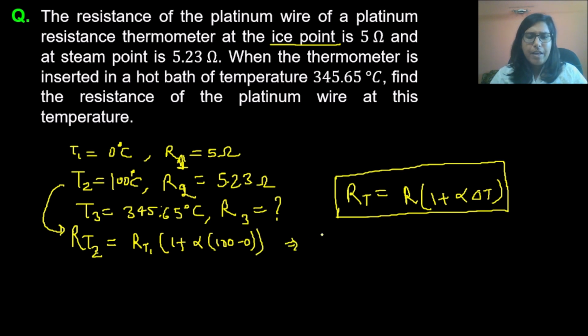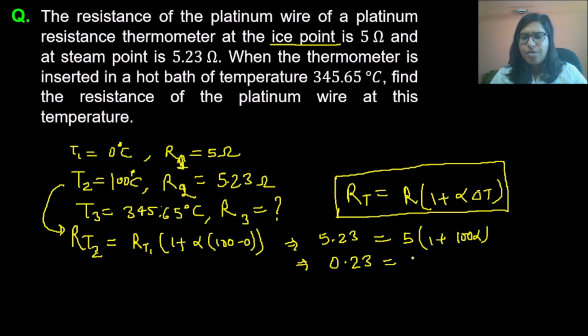So it will be 5.23 equals 5 into 1 plus 100 alpha. If we simplify this, it will become 0.23 equals 500 alpha.